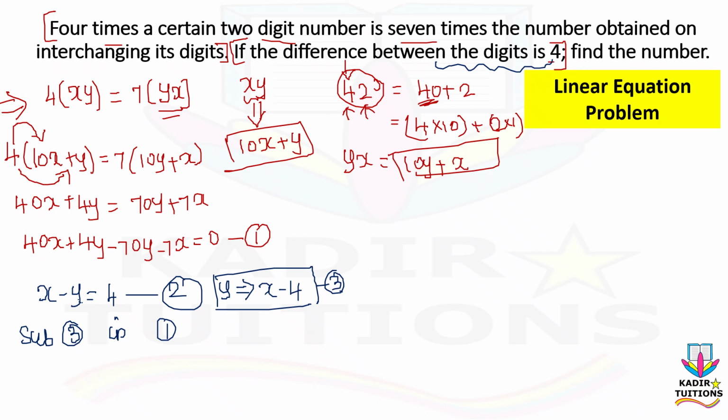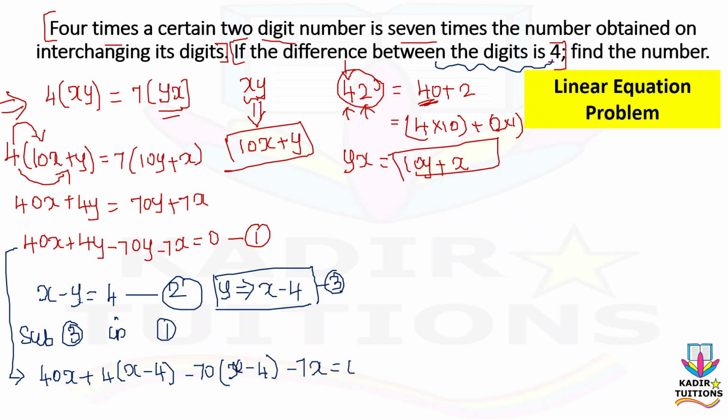So can we write equation 1 with respect to x? Wherever y is there, we will substitute x minus 4. Yes: 40x, 4 into x minus 4, minus 70 into x minus 4, minus 7x equal to 0.